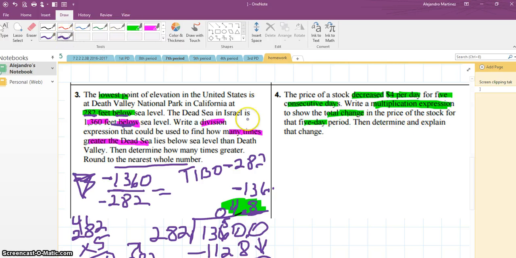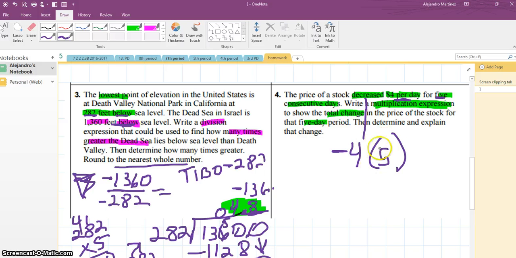Okay, so well, it decreased $4 per day. So decrease is negative $4. So let's put the $4 per day for how many days? 5 consecutive days. Okay, so $4 per day. Ahí está, $4 por día. Bajó, so negative 4. 5 consecutive days.